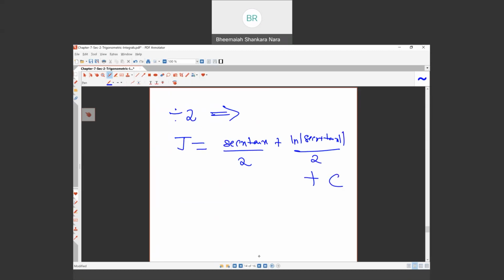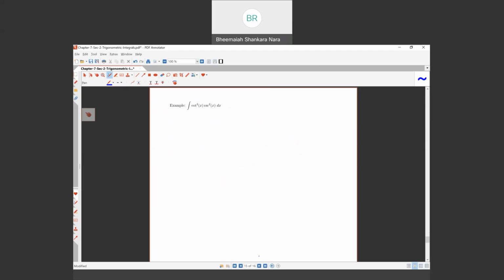One more example. Cotangent square times cosecant square. So u equal to cotangent, this will be a plugin. Du equal to negative cosecant square, let me write CSC for cosecant, dx.